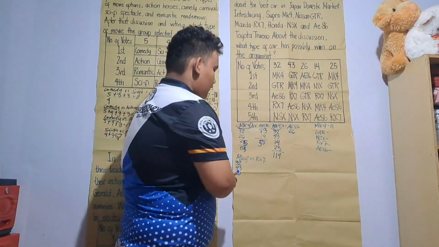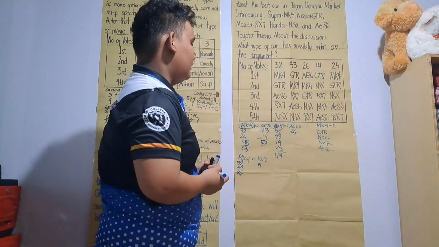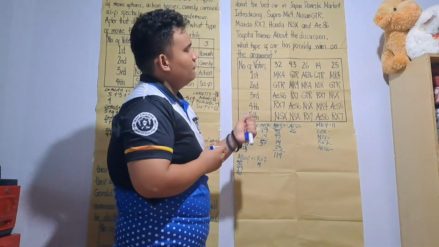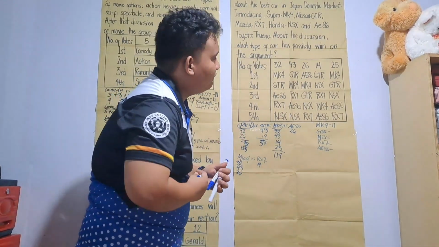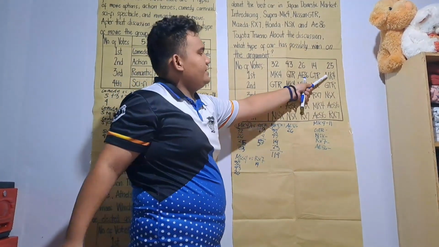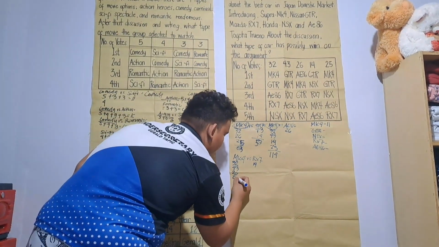So meaning the 14 voters goes to RX7. And lastly, the fifth column that has 25 votes, MK4 is first, then RX7. So 25 goes to MK4.